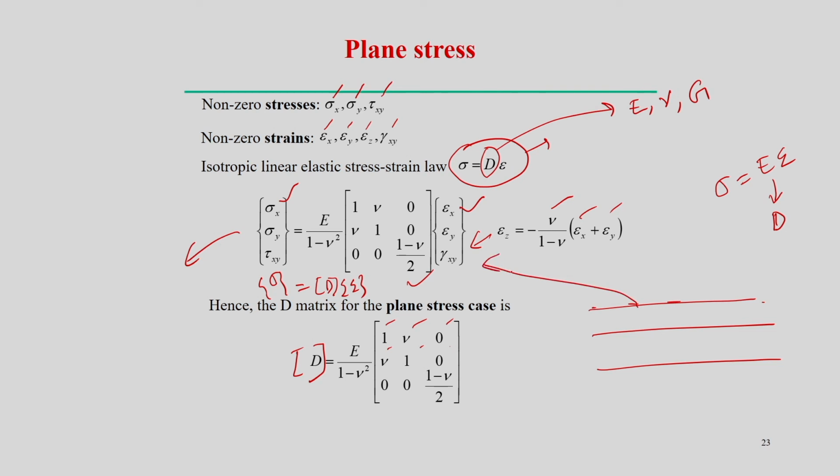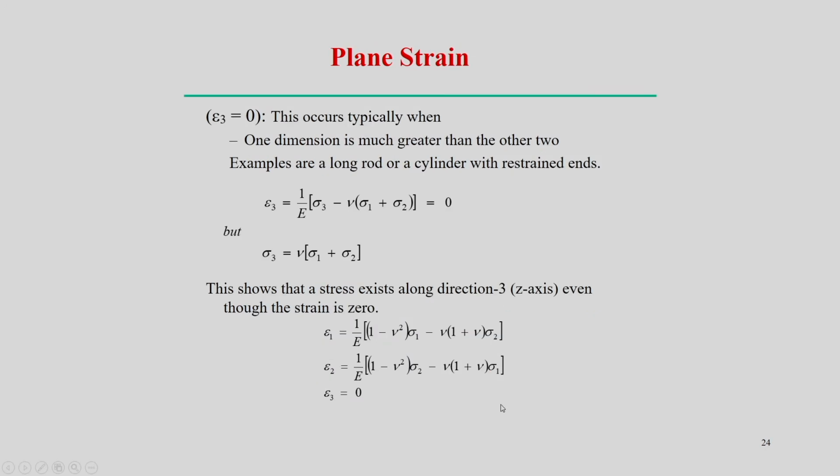It is very important to know what the D matrix is: all the terms in this D matrix are material properties. This D matrix is true in case of the plane stress condition, but in other conditions the positions of the elements in the D matrix can be different, that we will see.